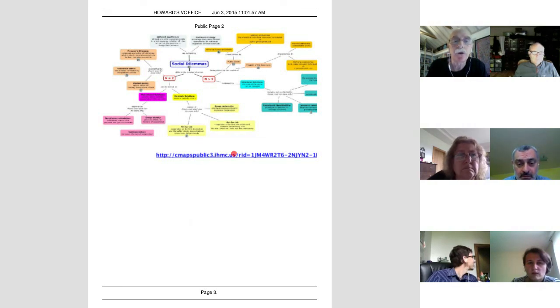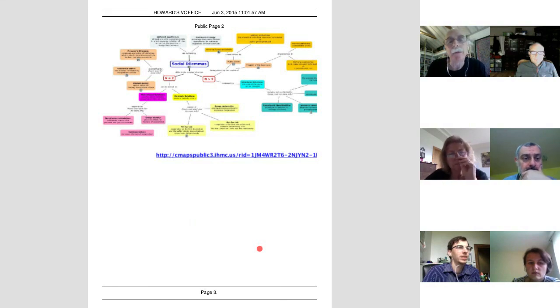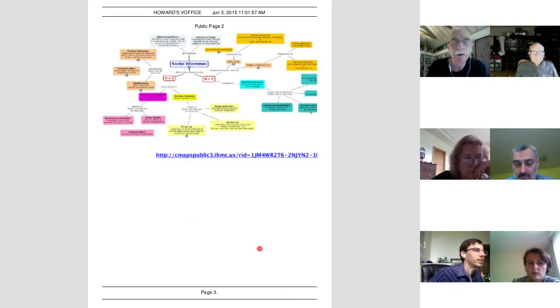The URL there will give you the concept map, which is clickable, and you can click on the little document icons to see the documents behind them. So I just wanted to introduce that.